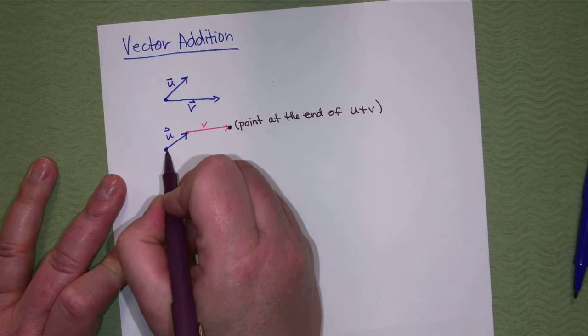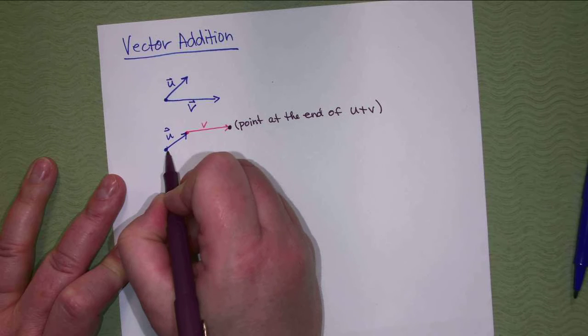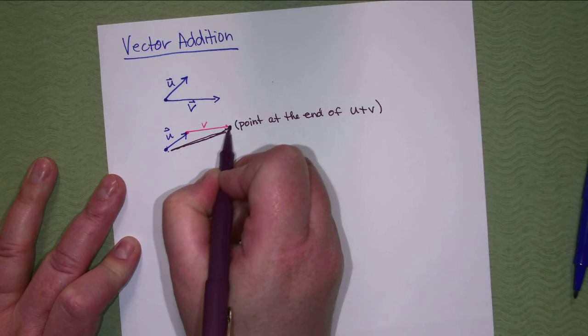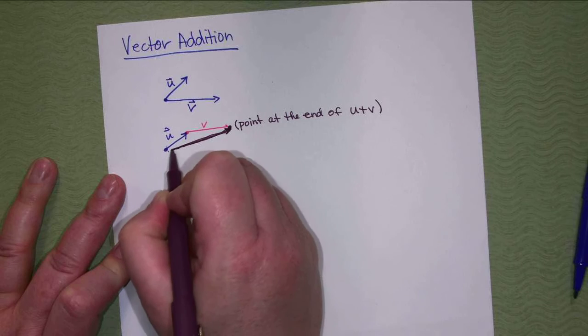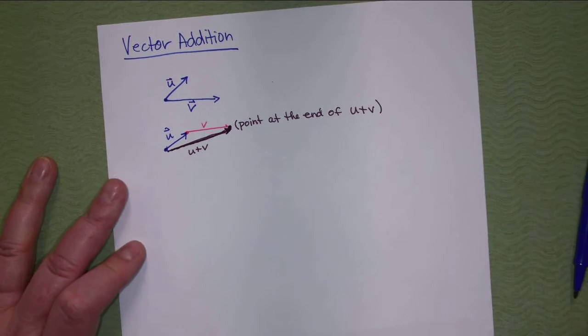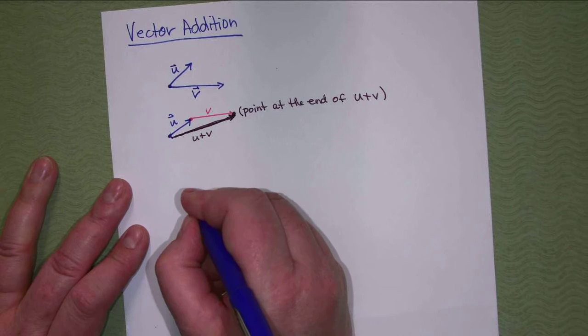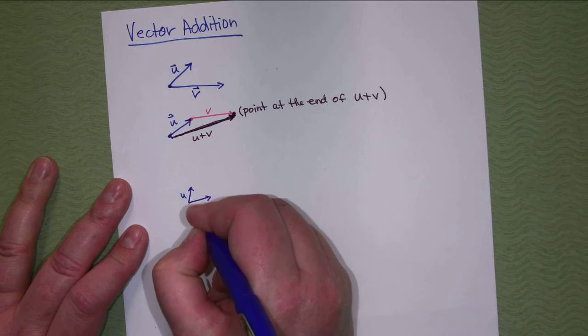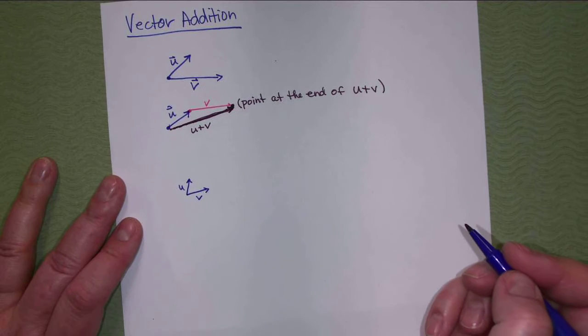So if we were to draw u plus v, it's here. Now, the way I do it, if I had two vectors, just another example, little shorter vectors.